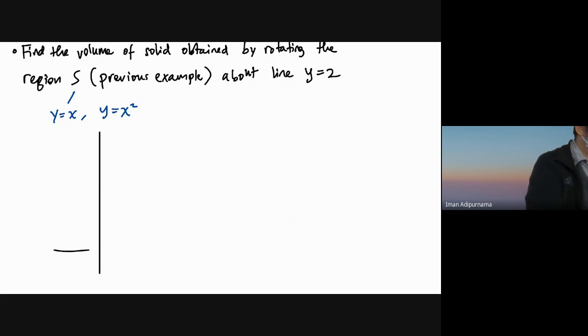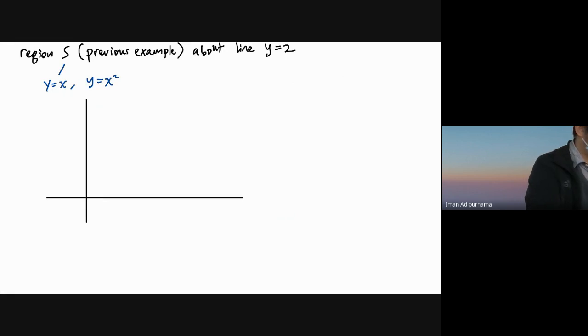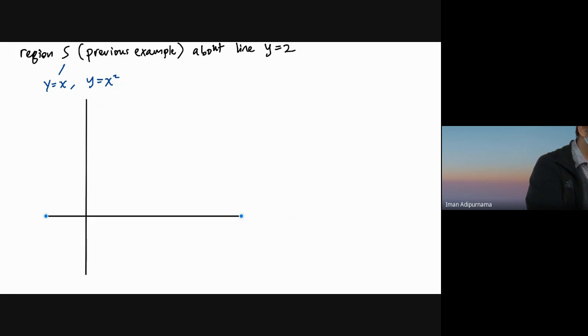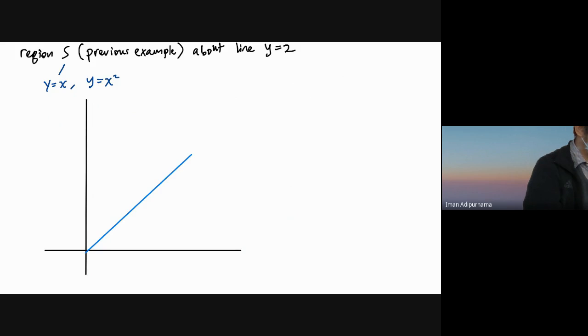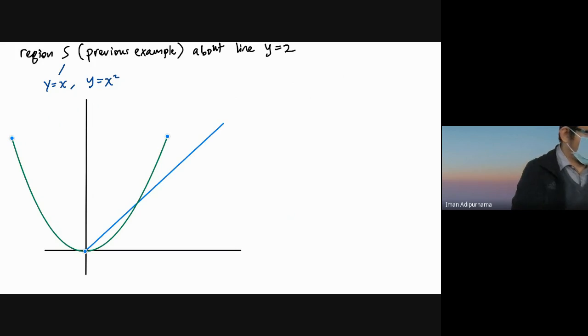So we can draw a similar, let me draw this. So let's say that is our region.